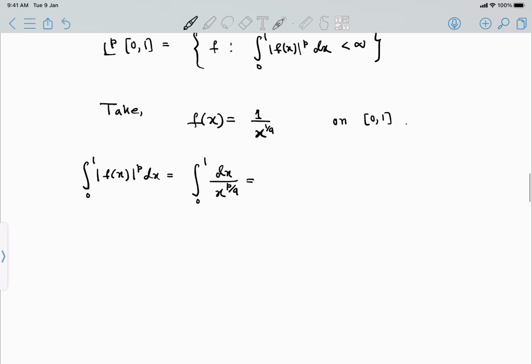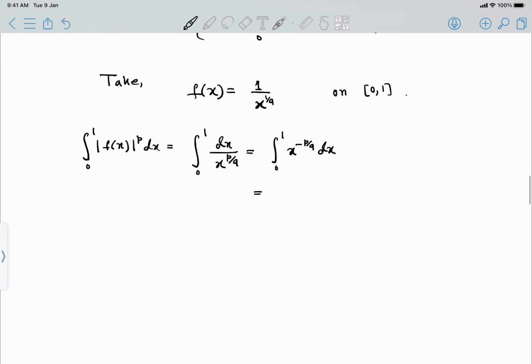So this is the integral from 0 to 1 of x to the power minus p by q dx, which is x to the power (1 minus p by q) divided by (1 minus p by q), from 0 to 1. If you put the limits, you get 1 by (1 minus p by q), and as p is less than q, this is finite.